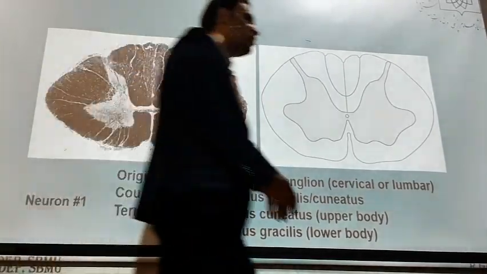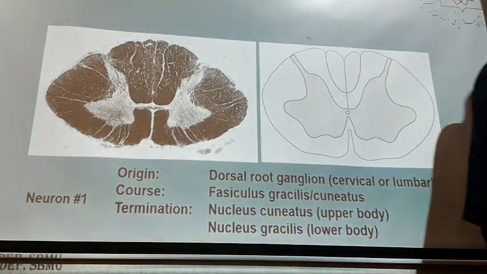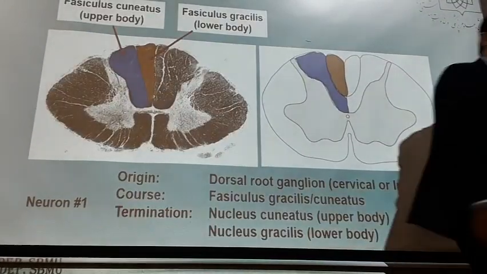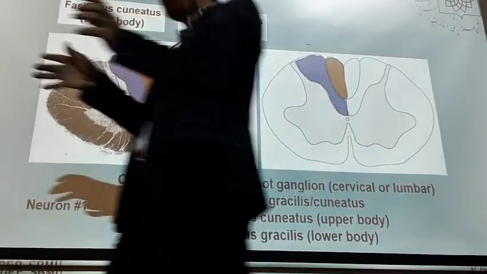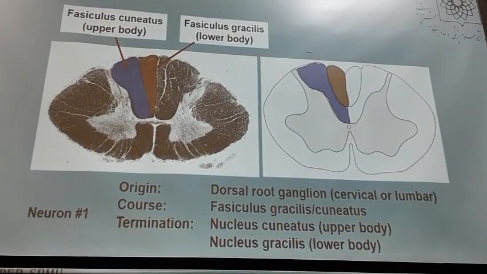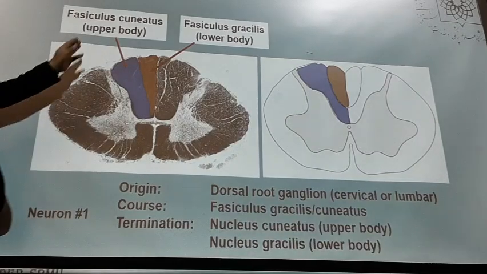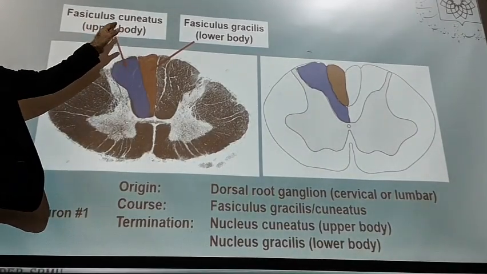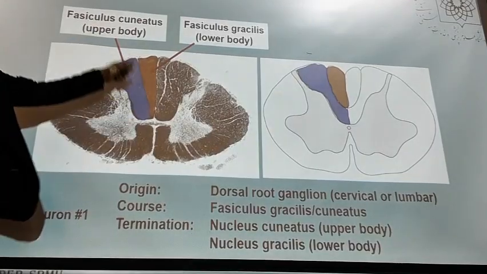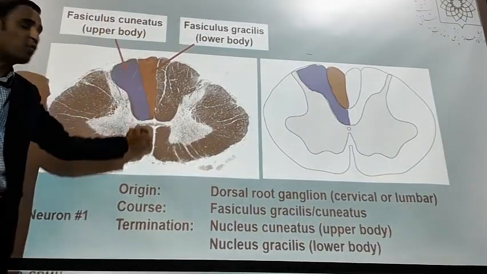But signals that are coming from the hand and upper part will be located at this area. Let me show you. Therefore, in the dorsal column of the spinal cord, we have two pathways that are very near to each other. One is named fasciculus cuneatus, which is responsible for the upper body, and the other is for the lower body.